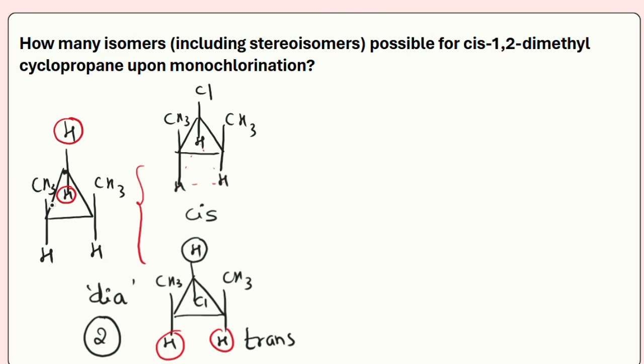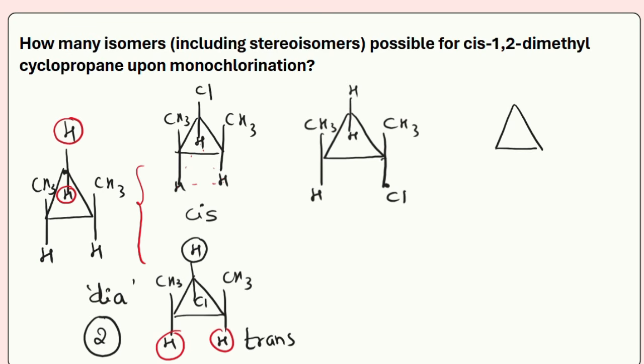Let's try for these hydrogens now. These two methyl groups are fixed. You write that down as it is first. And the hydrogens here are also fixed. We should not change here. Now, what if we replace this hydrogen by a chlorine? You should keep this as it is. We are going to get a different molecule as compared to this.